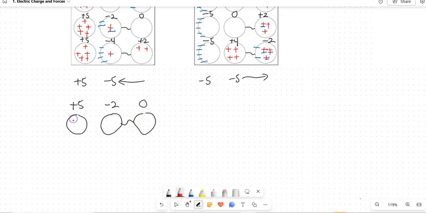If this is +5, 1, 2, 3, 4, 5, and this is -2. Well, these two negatives are already going to go here. So it's got two negatives that are basically trying to connect to there. The only thing left to pull these two negatives is pulled it over there. It's got to pull 3 more from this other object, right?